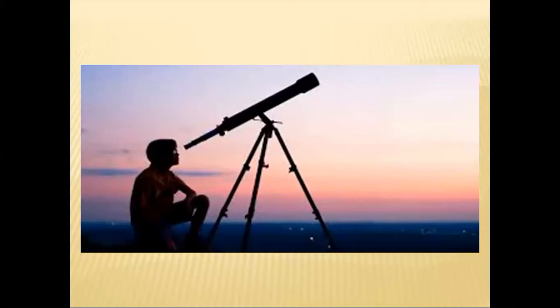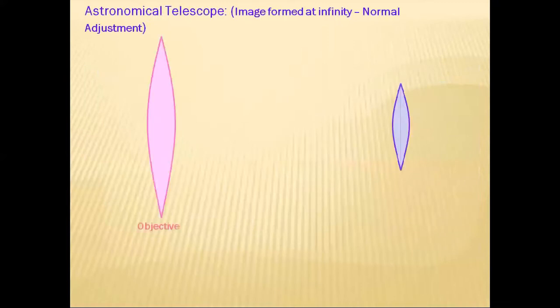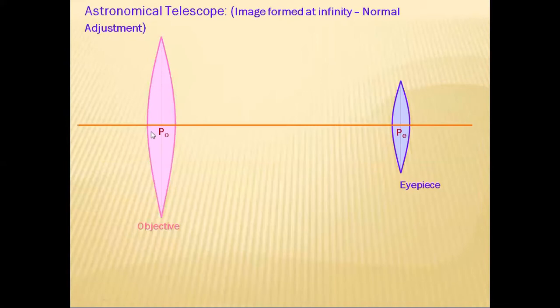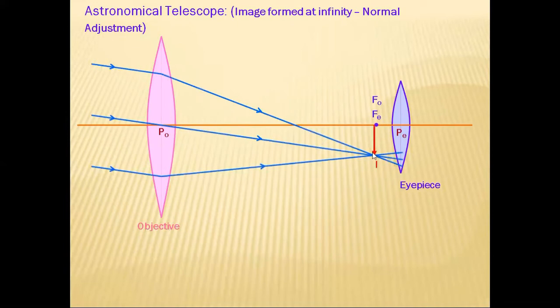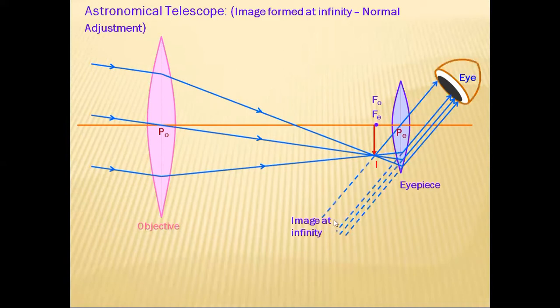Here we are going to discuss astronomical telescopes. This is a big convex lens, and this is a small convex lens, and the ray comes from infinity and meets here, and the object is from here, and the image is also virtual.